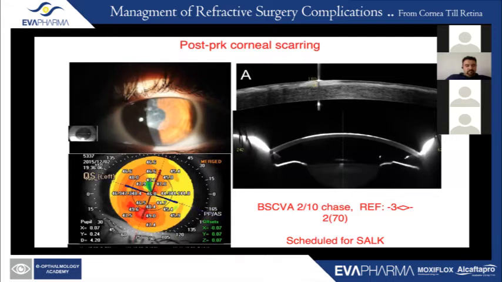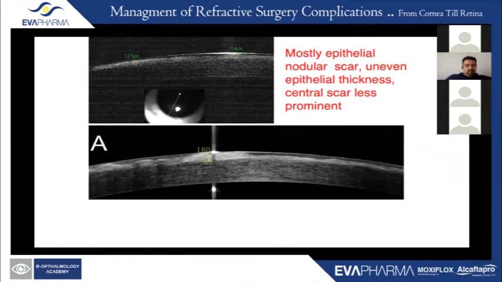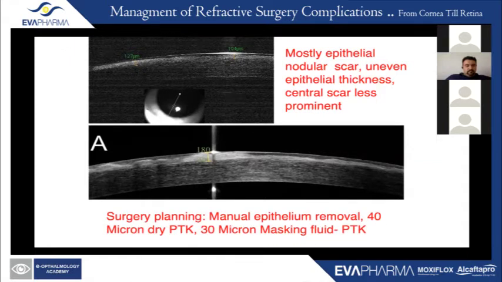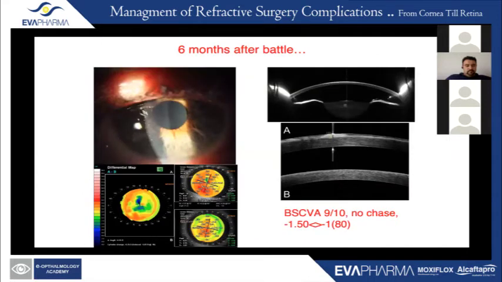And what I did was a manual removal of the scarring, because in these cases it is mostly an epithelial nodular scar and an uneven epithelial thickness, and the central scar was less prominent respect to the periphery. So my surgery planning was a manual epithelial removal, alcohol assisted, 40 micron of dry PTK, and after that 30 micron of masking fluid PTK, so a smoothing. And this is the result.